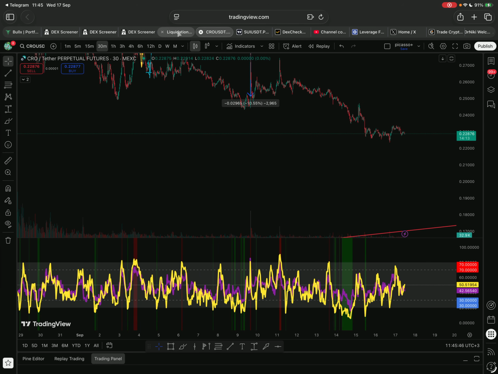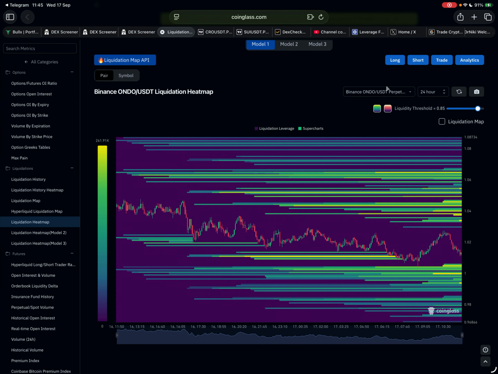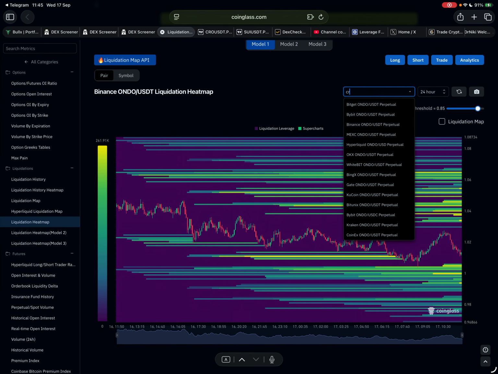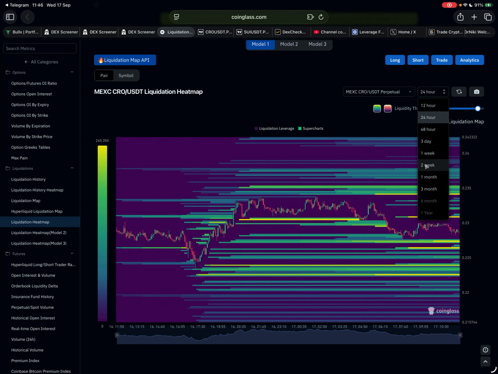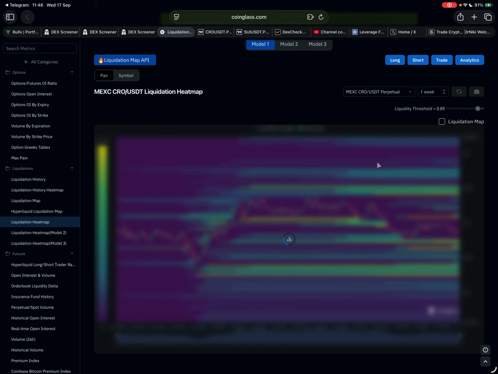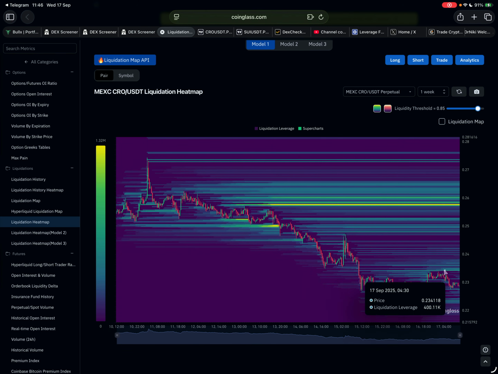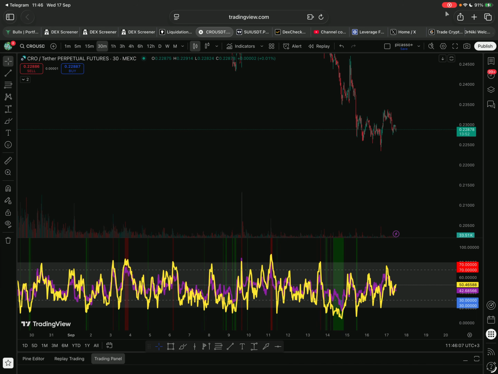What I'm looking for is where the actual liquidations are. So when we go to the 30-minute, I'll go here. I want to see the CRO liquidations. We'll go to, I think, MEXC is good, to the weekly, and they're very likely above highs, below lows. It's very easy to see.